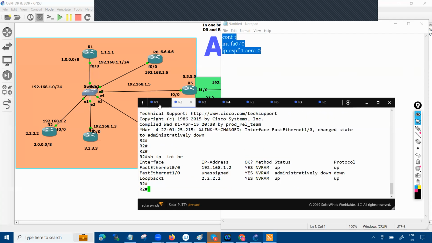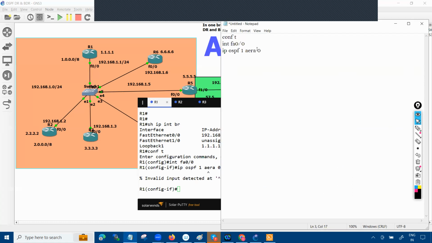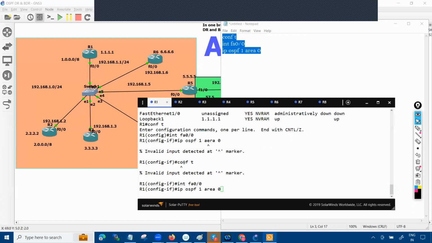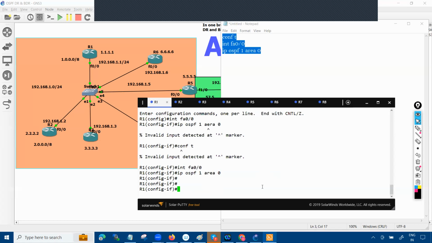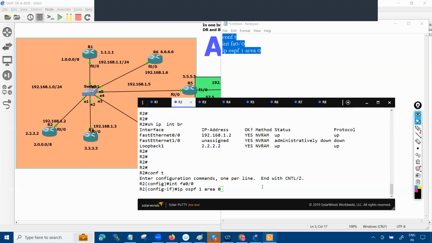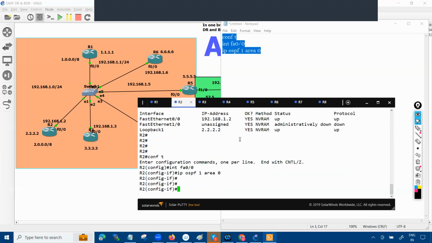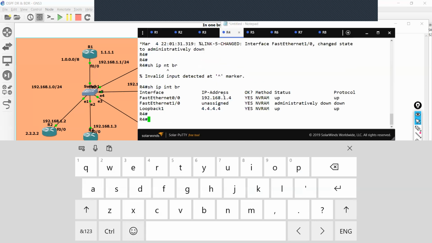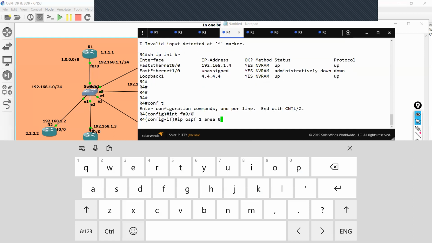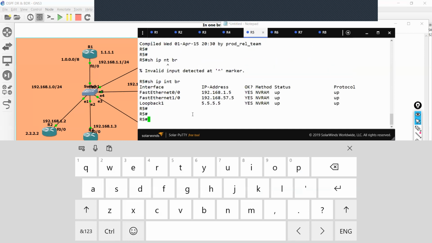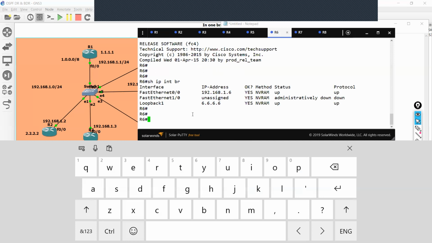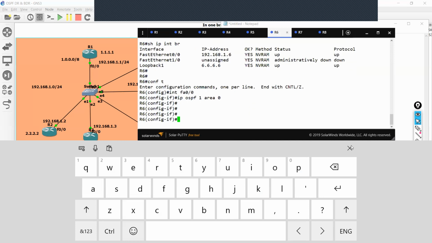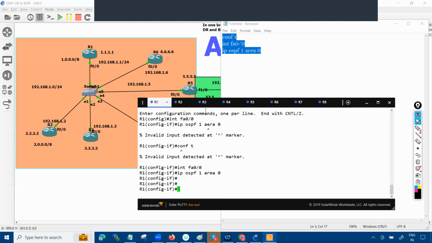Okay, there's one problem. So I have configured OSPF on all six routers.